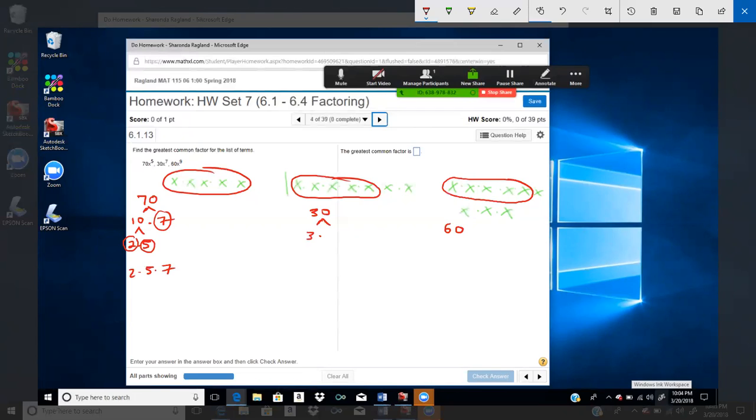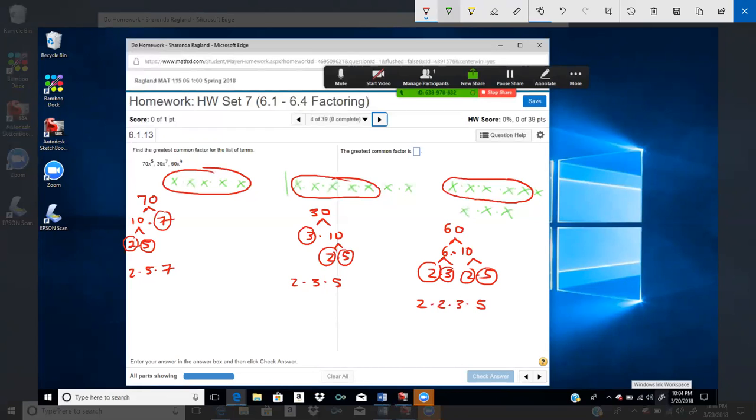For 30, we can start off with 3 times 10. 3 is prime, and 10 is 2 times 5, so you're looking at 2, 3, and 5. Then 60, we'll do 6 times 10. Break down the 6, that's 2 times 3. Break down the 10, that's 2 times 5. Here I have two 2s, a 3, and a 5.